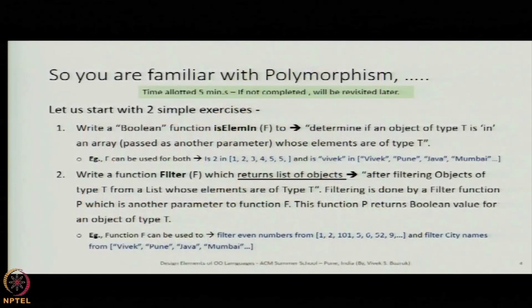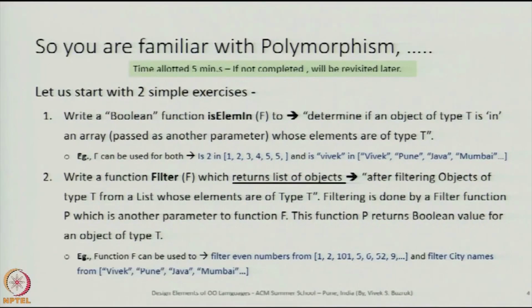Let me read it. Are you able to read it? Okay, so you can choose either of them. You do not have to solve both, but if you solve both, that is great.